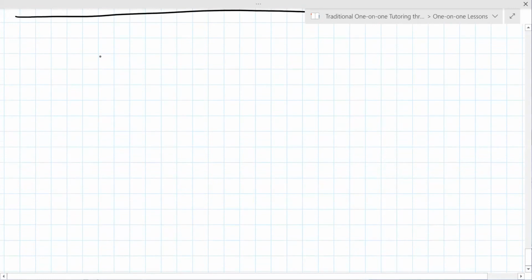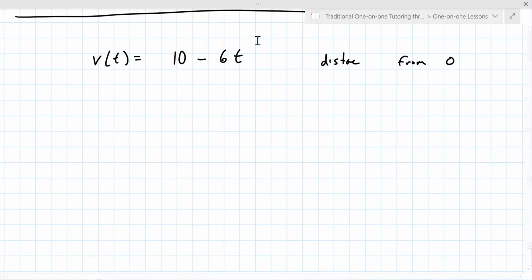Okay, so let's try another example. Let's say v of t equals 10 minus 6t, and we want the distance from 0 to 2. I'm sorry, I picked bad numbers here.